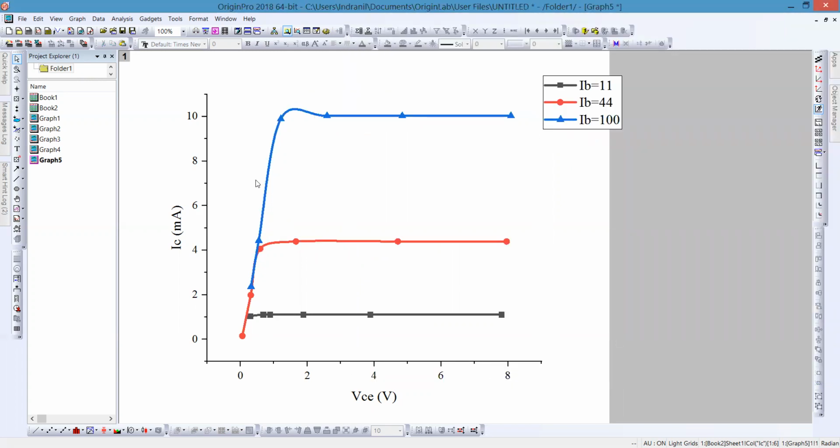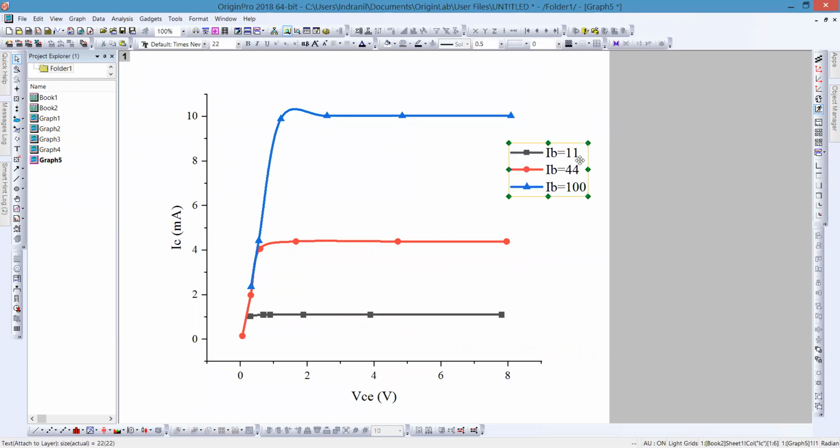So you can see, this is the output characteristics of an NPN transistor. This is the IC, the collector current in milliamps, as a function of collector-emitter voltage, and for different sets of base current.